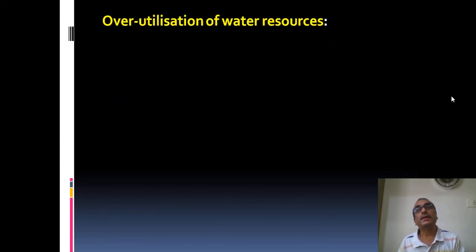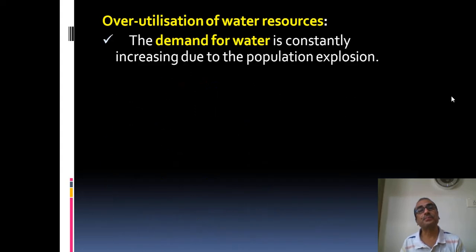Now let's take up the utilization of water, how we are utilizing it, whether over-utilization is going on, and if it is over-utilization or exploitation of water resource, what are the problems we are going to face.